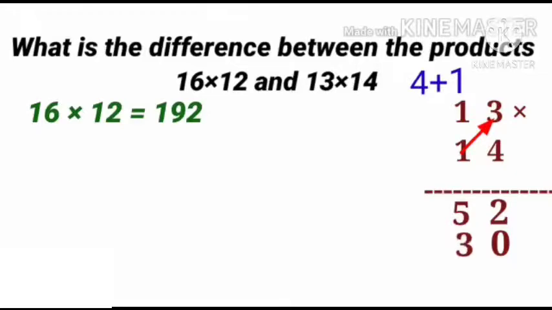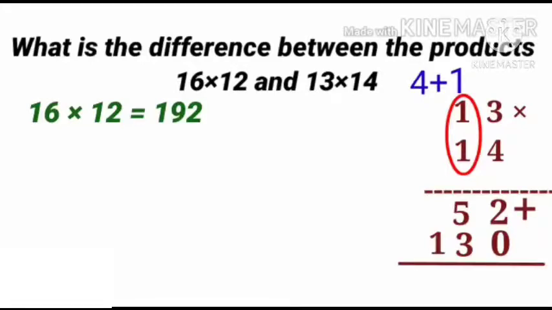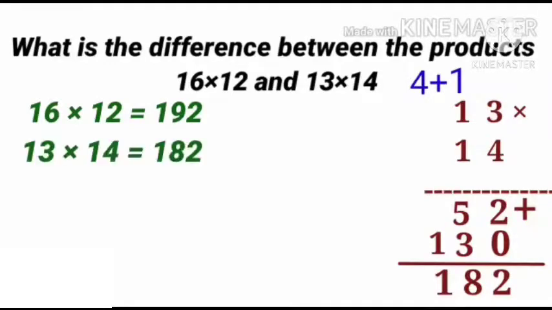Then multiply 1 by 1. 1 into 1, 1. Write 1 here. Then add these two products together. 2 plus 0, 2. 5 plus 3, 8. Then write the remaining 1 here. That is 13 into 14 is 182.